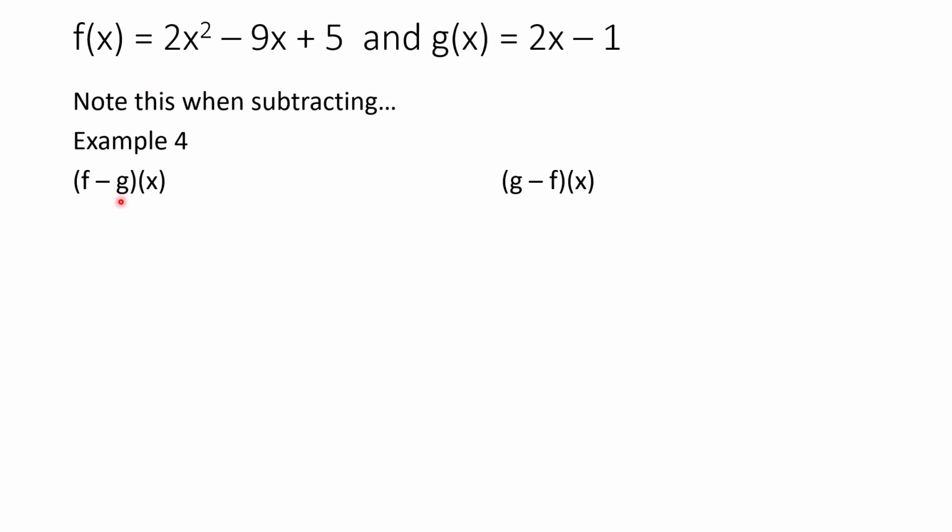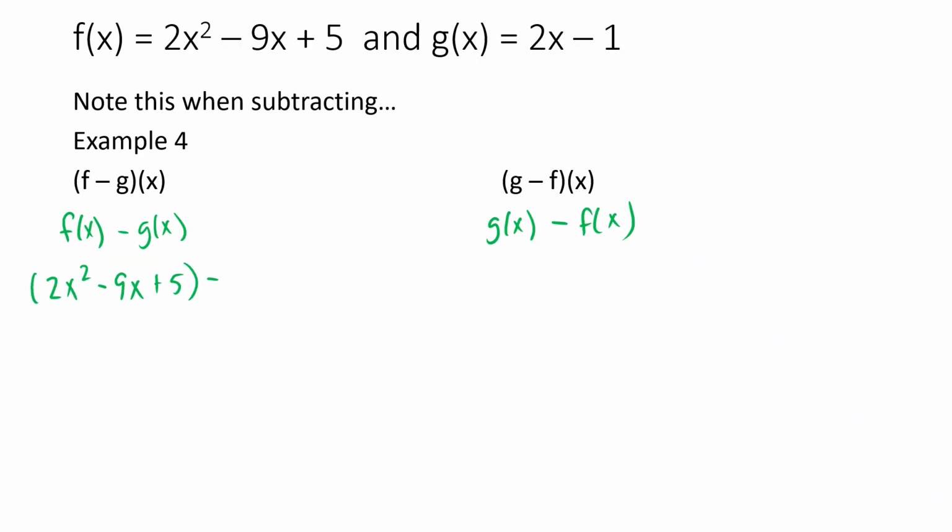So for example 4, we've got f minus g and g minus f, and we're working with these same functions here. So this would be take function f and subtract function g. This would be take function g and subtract function f. And with subtraction, the parentheses are not cosmetic.